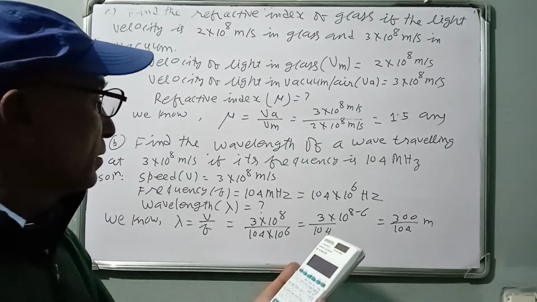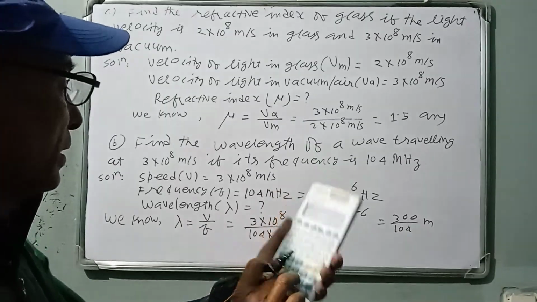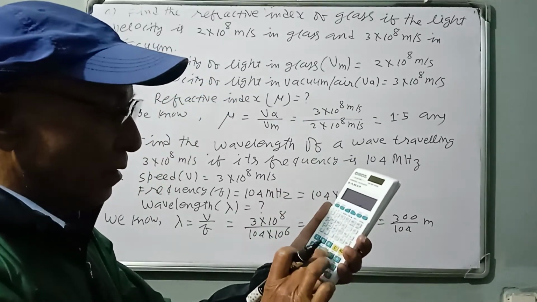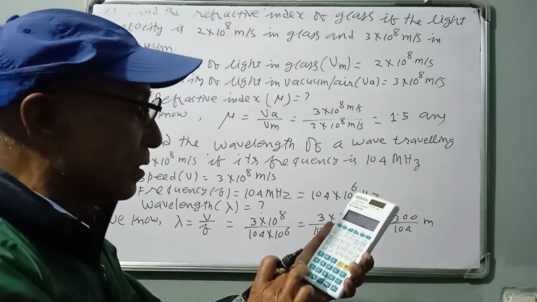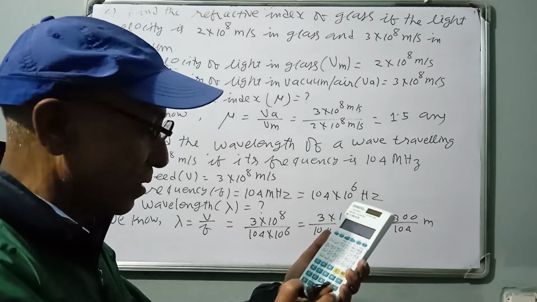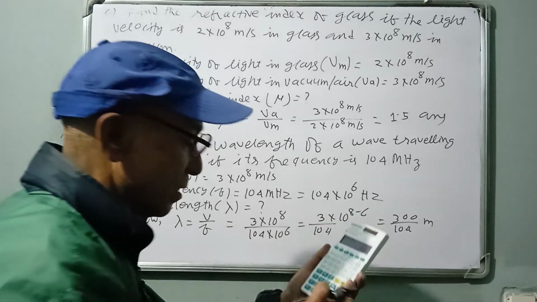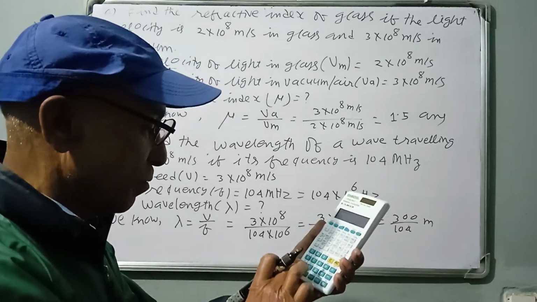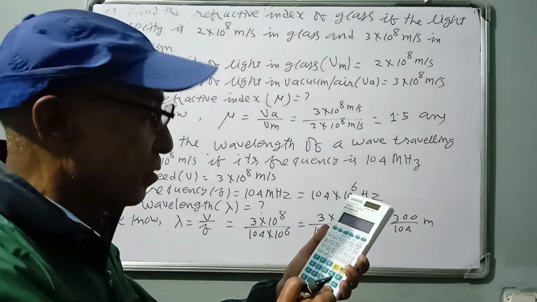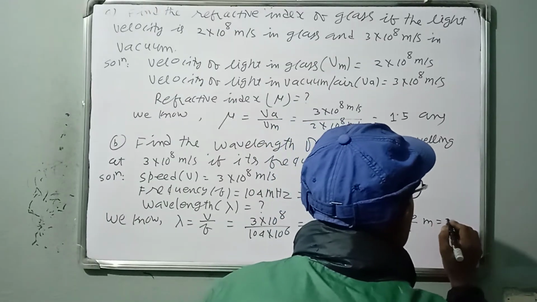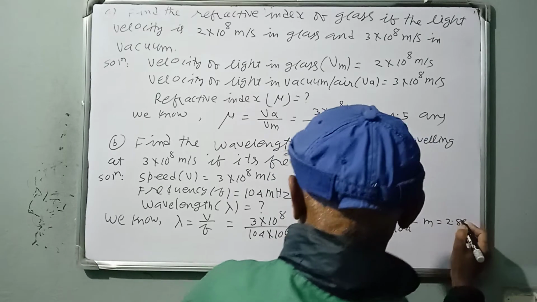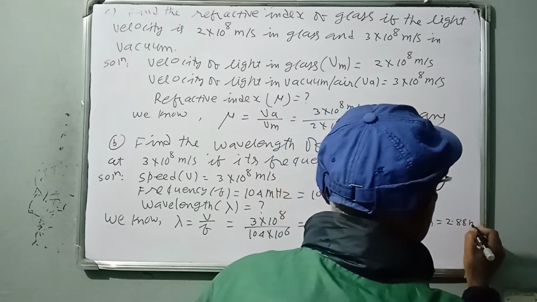See, let me do 3 into 100, that is 300, equal 300 divide by 104, 2.88 meter nearly.